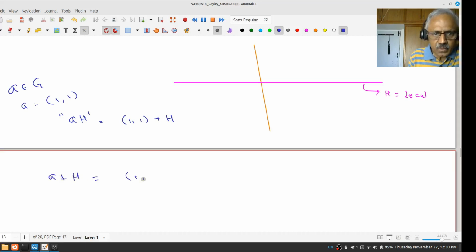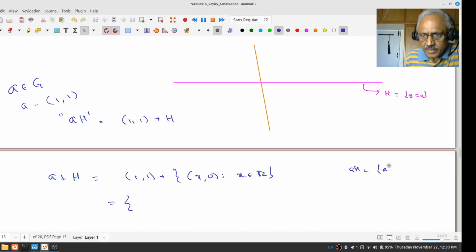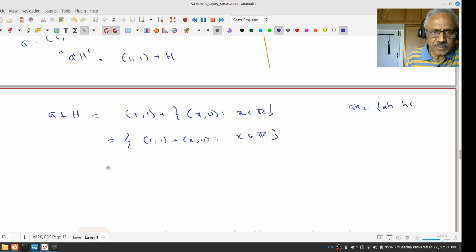That is (1, 1) plus the set of all elements (x, 0) as x varies over R. Therefore I have to take (1, 1) plus (x, 0) as x varies over R. But what is this? This is (x plus 1, 1) as x varies over R.